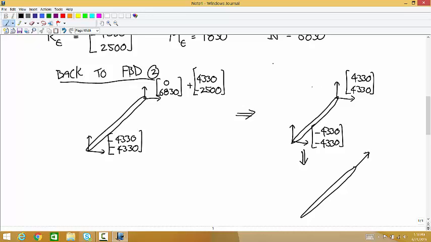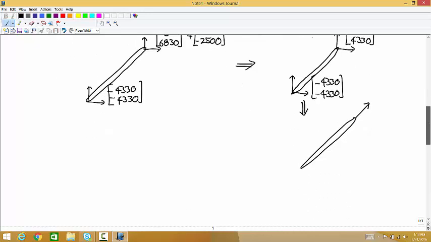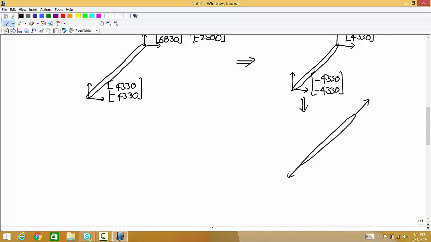You have a force going this way. Can someone calculate the magnitude of that? 4330 squared times 2, square root. 6124. There. Okay. Anybody have any questions about that?